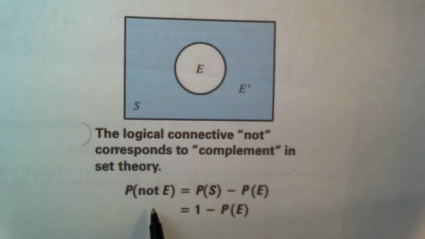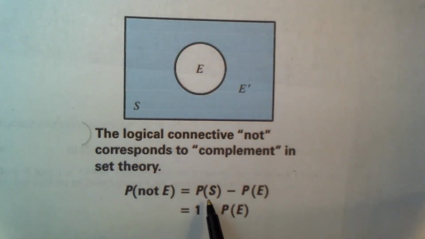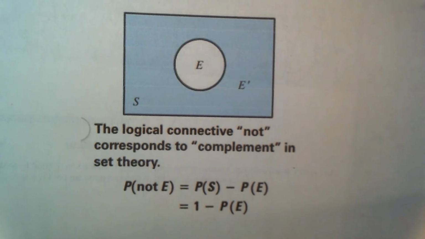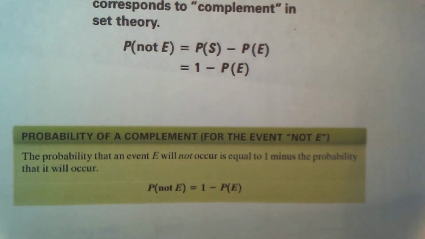The probability of not E means the probability of the universal set S, the sample space, minus the probability of E. So it means 1 minus the probability of E. So that's a very important concept to remember, and we'll be using that a lot. So here's the official version of it in the green box here.